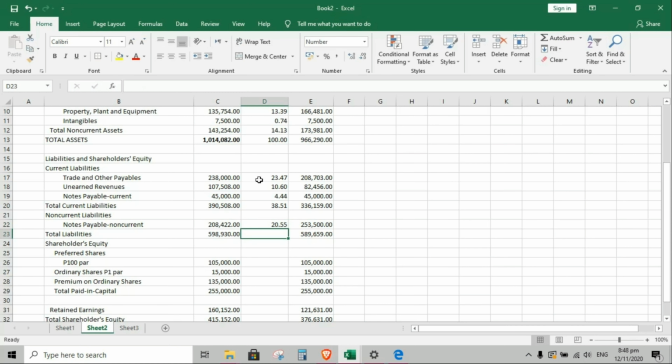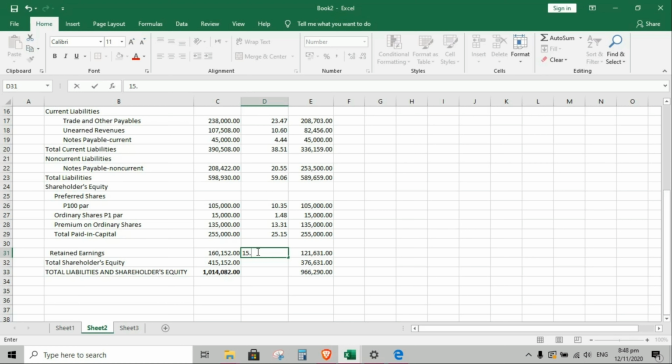So, sabayan niyo ako mag-compute and check if tama yung ginawa niyo. 59.06. Here we have 10.35, 1.48, 13.31, and 25.15. And as for retained earnings, 15.79. 40.95.